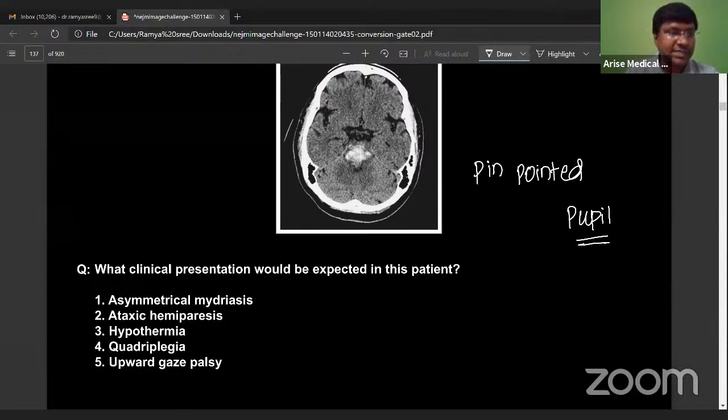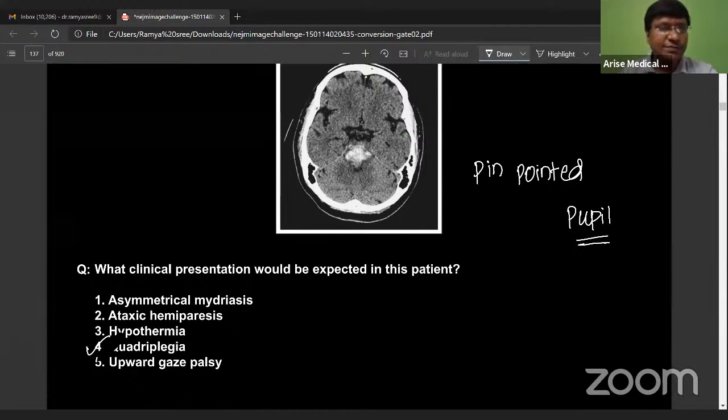Yes, Sai Taruni, can you tell me in which clinical scenario you will have this pinpointed pupil? Very good. So Vinod Selvaraju has answered this. Quadriplegia. See, now, Sai Taruni, I do accept that it is seen in organophosphorus poisoning.